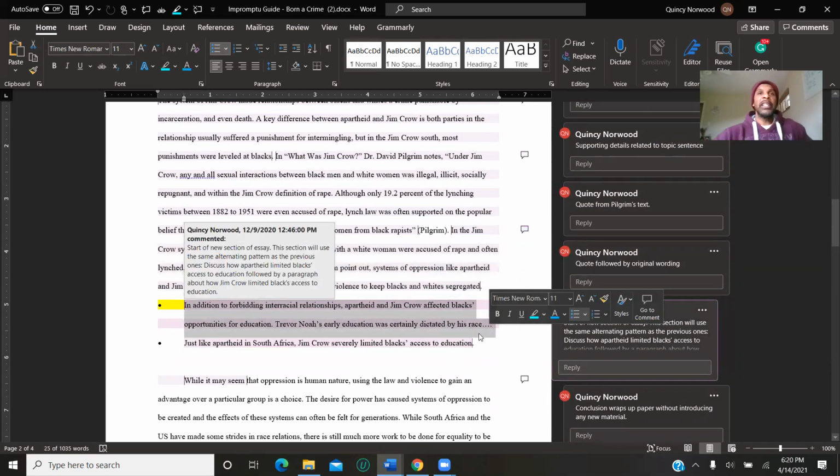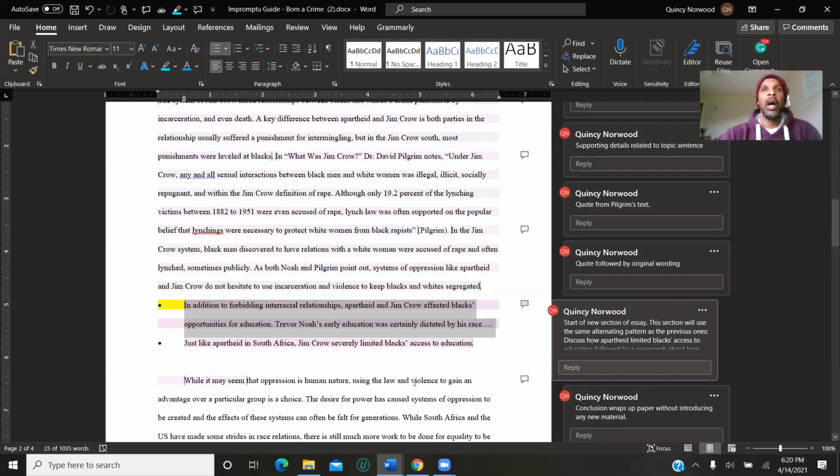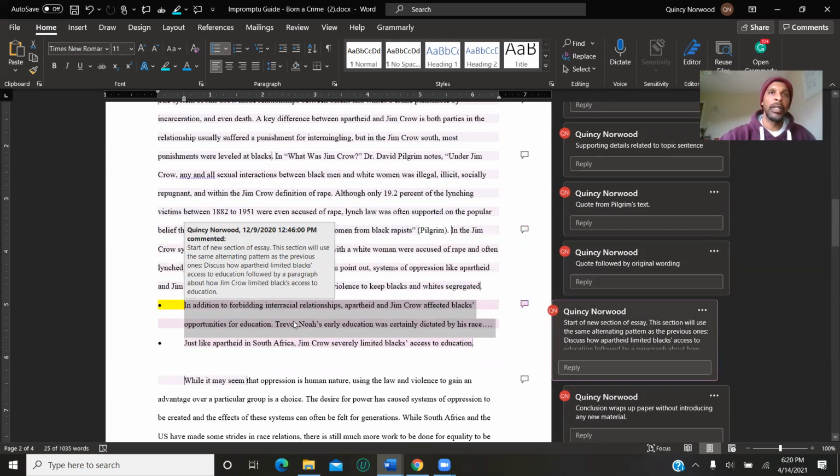In addition to forbidding interracial relationships, apartheid and Jim Crow affected blacks' opportunities for education. Trevor Noah's early education was certainly dictated by his race because, and then you would go on, using an example from Born a Crime. And then the next paragraph would begin, just like apartheid in South Africa, Jim Crow severely limited blacks' access to education.